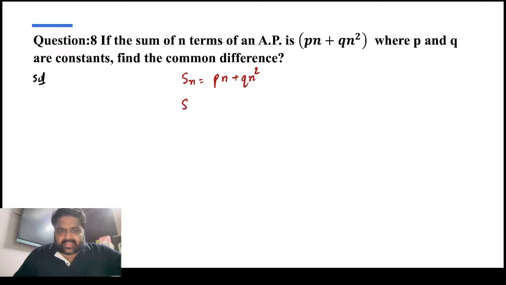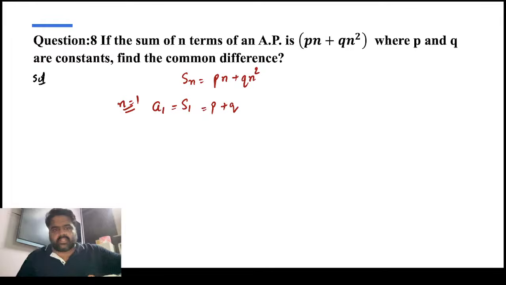If we put n equal to 1, this is P plus Q. Hopefully this is clear to you. S1 means there is only one term, so can I put S1 equal to A1? Right, S1 equals A1, and we want to calculate the common difference.